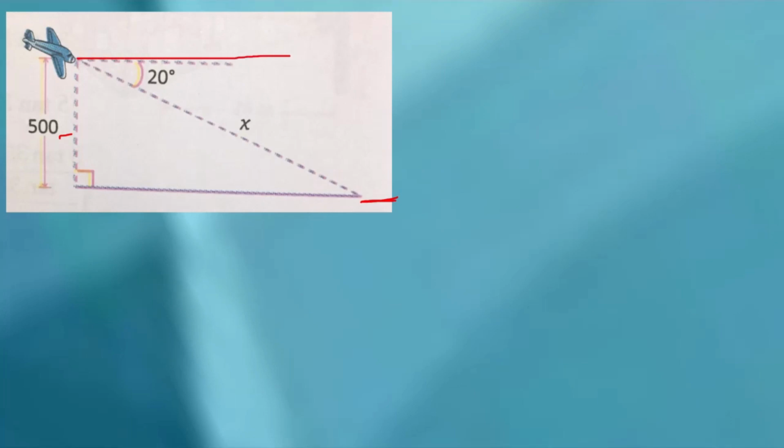And the line of sight is this one. Since the line of sight is below our observer, this angle is angle of depression. Angle of depression is equal to 20.